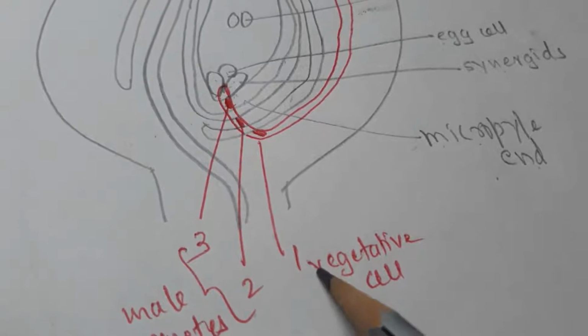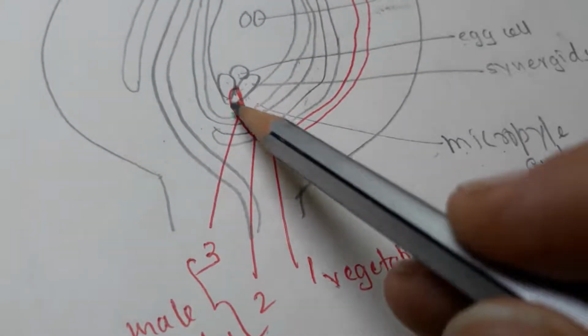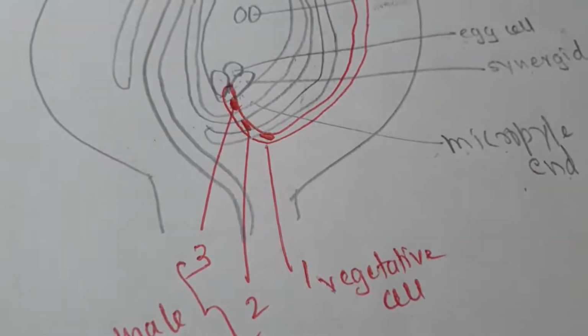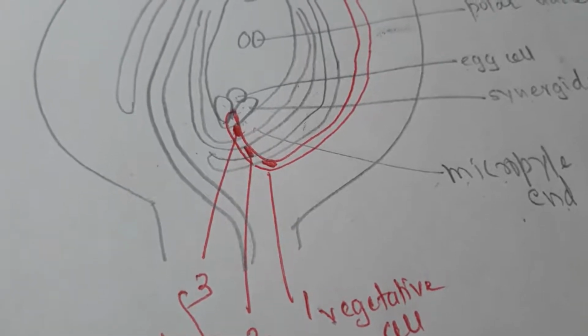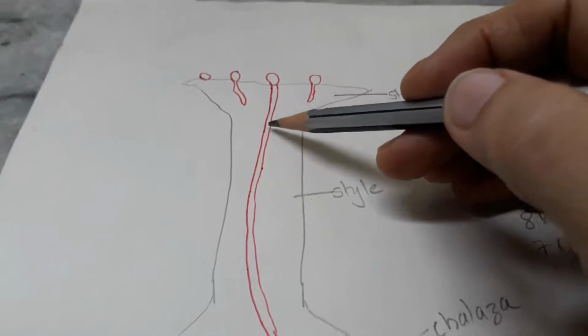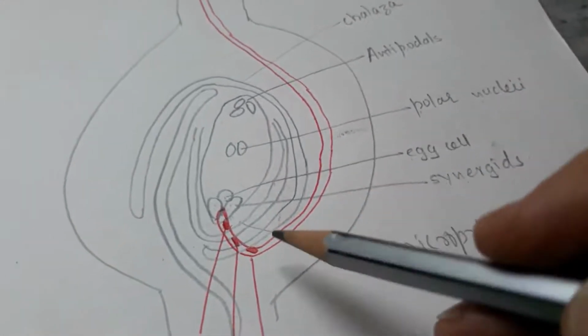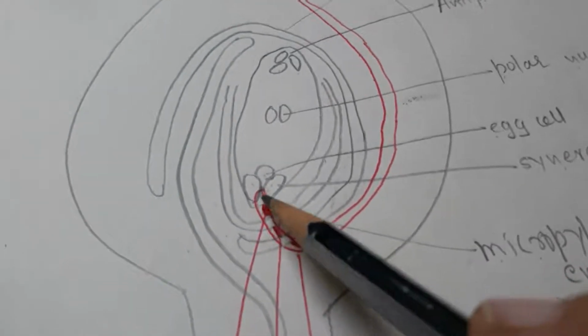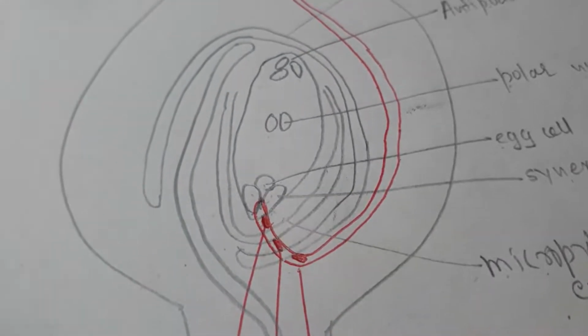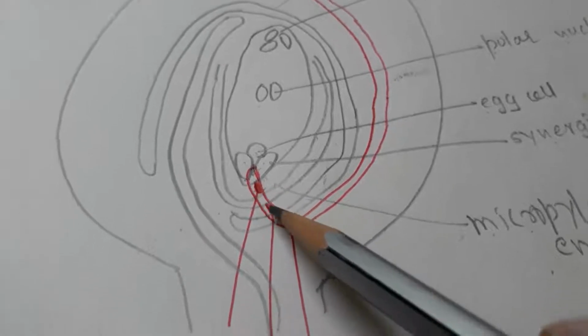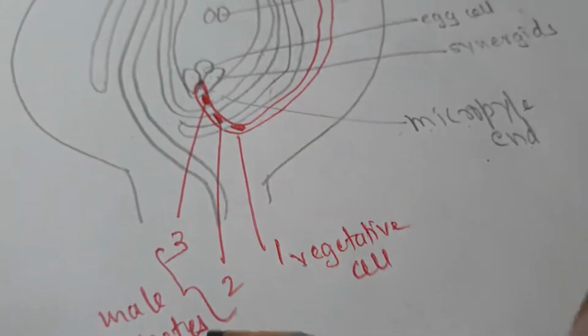This vegetative cell is used up in giving nutrition to these 2. Up to here everything is clear. So the pollen tube which had come through the style, growing towards the micropyle and entering the embryo sac for fertilization, is carrying 2 male gametes.